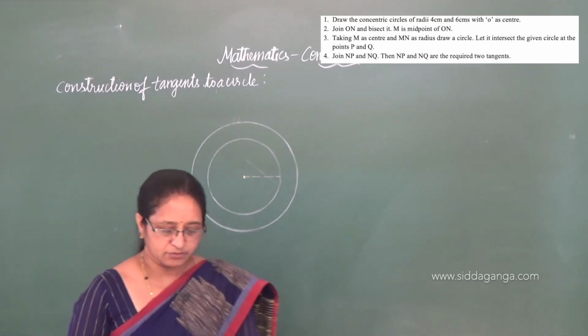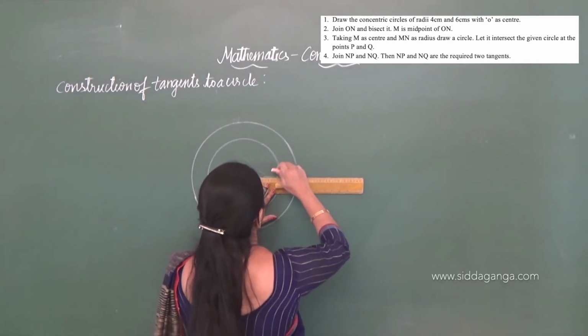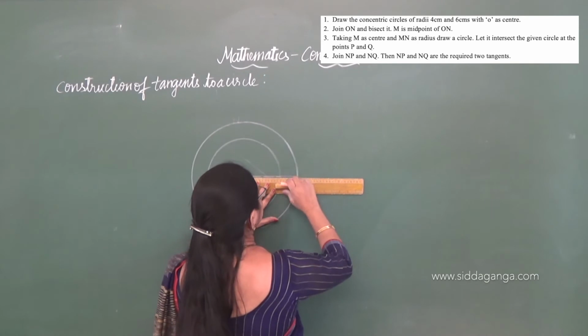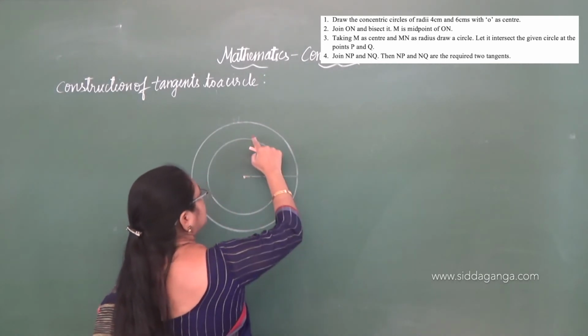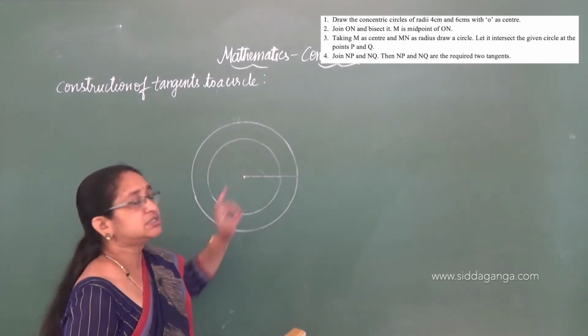Now, I have to draw a tangent from this point. I have to draw the tangent from this point to this circle. Okay, from the outer circle to the inner circle.